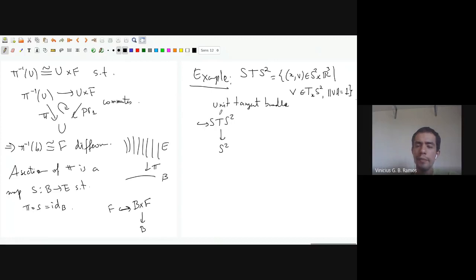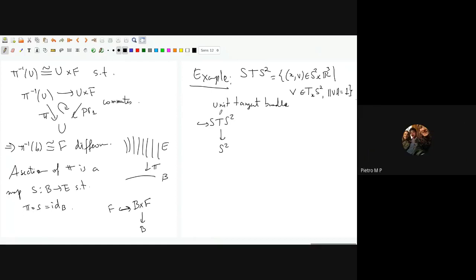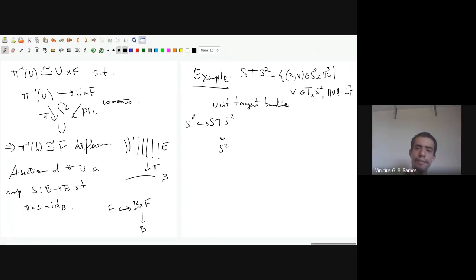And with fiber, can someone tell me what the fiber is? S1? S1, yeah. So each tangent space is an R2, and if you look at what has norm 1 there, that gives you an S1, a circle.